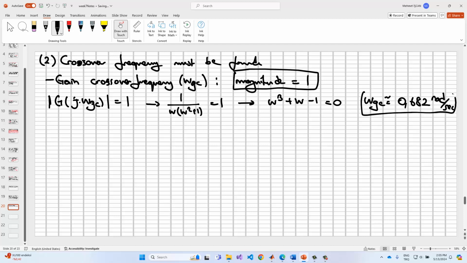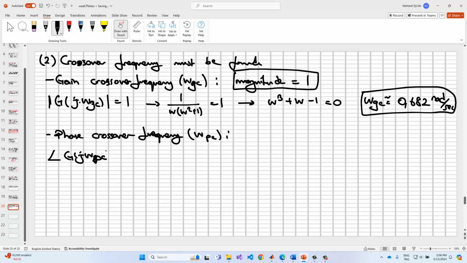Okay, this is for the gain margin. And so the phase crossover frequency, ωPC. The phase of G(jωPC) is equal to minus 180 degrees, because it's the crossover frequency where the system is unstable.